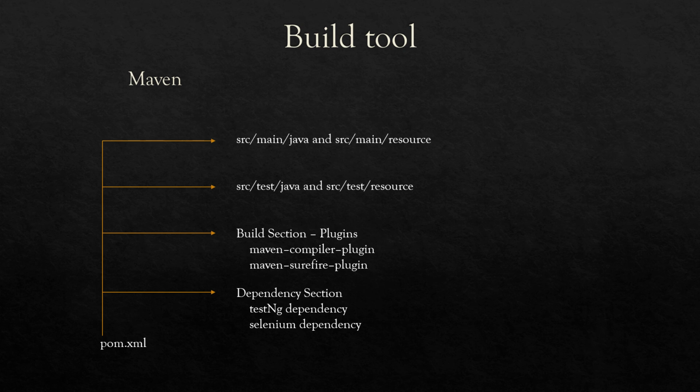In the build section we have plugins that serve the purpose of execution, like the Maven Compiler plugin and the Maven Surefire plugin. The structure of the Maven project is src/main and src/test. Our automation tests reside in the src/test folder, which has two subfolders, java and resources. In java we have our test execution files, and in the resources folder we have resource files like utility files or some JSON files.